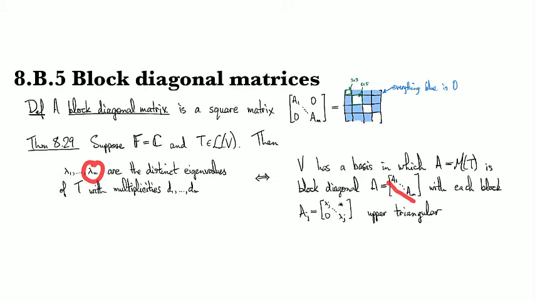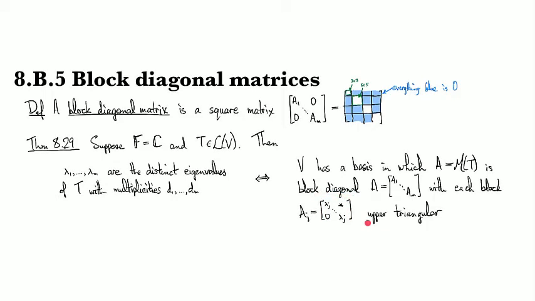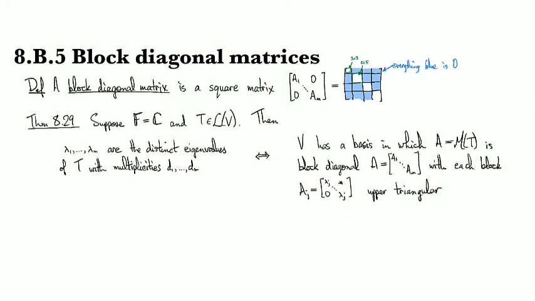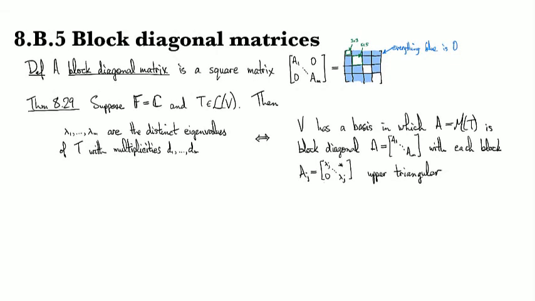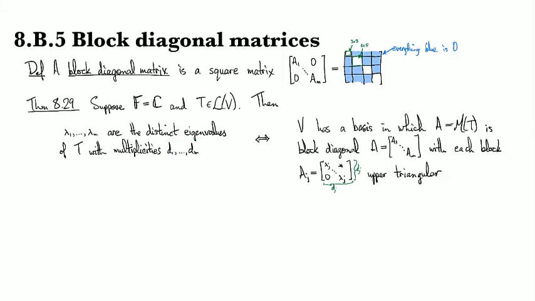Each block is a square matrix which is upper triangular, and the diagonal is constant: the same lambda j all the way down. Since it's square, it is a dj by dj matrix, where dj comes from the list over here.